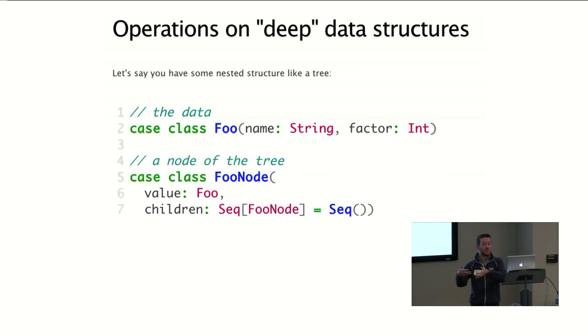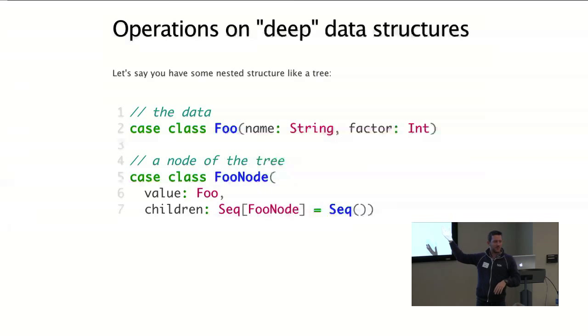Copy allows you to get a new copy of something and potentially change a field by producing a new version. Is everyone familiar with those ideas about case classes? There are some other issues that creep up that are kind of ugly. So I'm going to make this a basic tree structure.